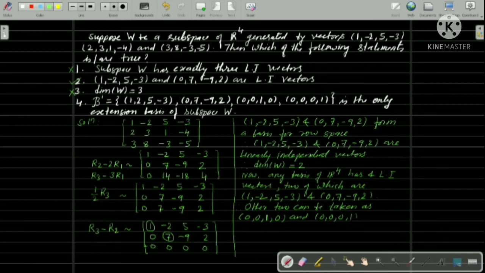Therefore these four vectors are linearly independent.